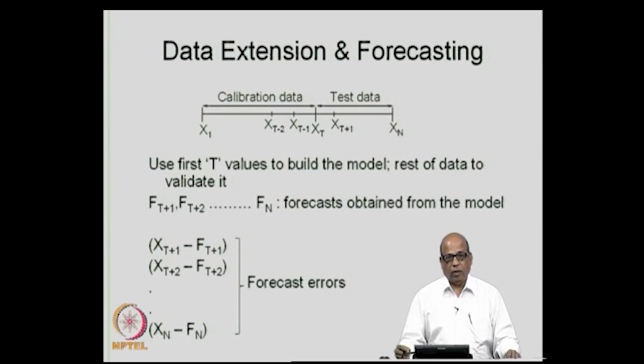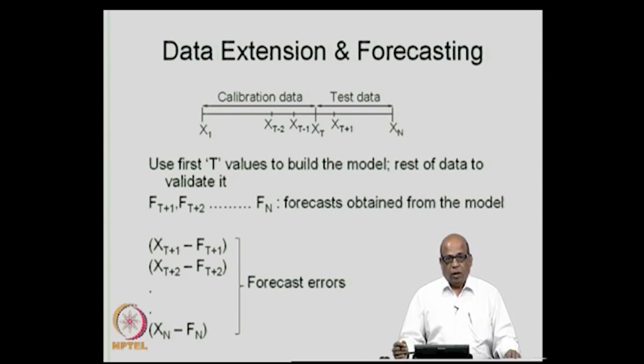Intuitively, we may simply say that just take the average of this and put it as forecast for the next time period, or simply look at what has happened during the last period and then say that the same thing is likely to continue for the next time period. So, like this intuitively we may do some forecasts based on the observed data. We will start with those kind of methods.